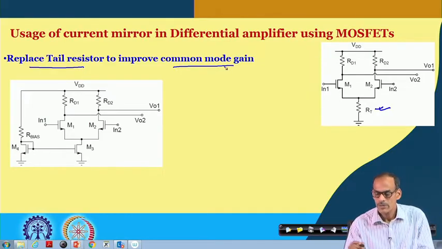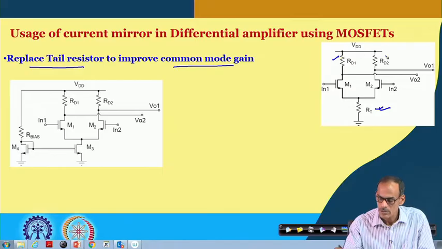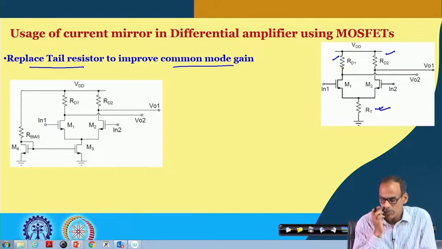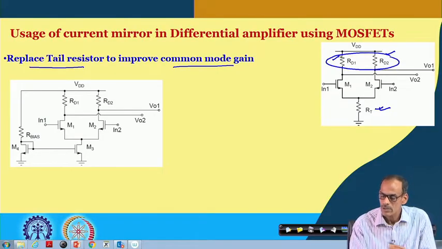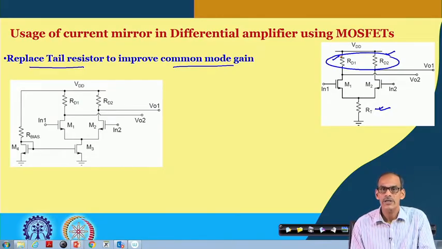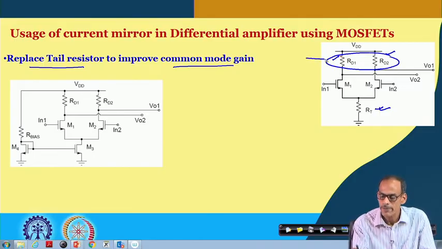Then you can replace these 2 loads by active load, and the active load can be biased using current mirror. And then in addition to that, instead of having the active load biased from external current reference or DC current reference, we may replace this by something called current mirror load.